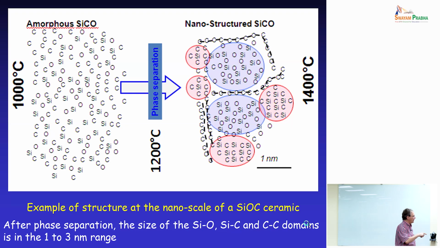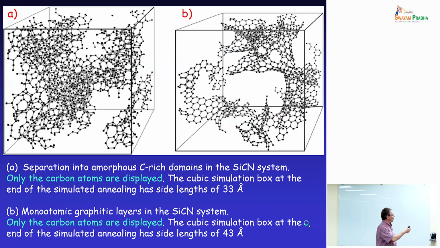And if you have a continuous pathway for carbon species, then of course you have conductivity or semiconductivity. You can model what the carbon does, where the carbon goes, so you can see that depending on the composition and pyrolysis temperature, these are calculations for different materials. You can see that you can generate these structures inside your ceramic material.